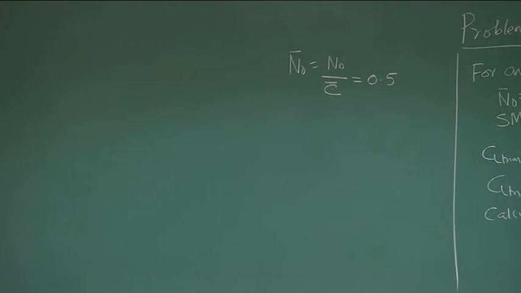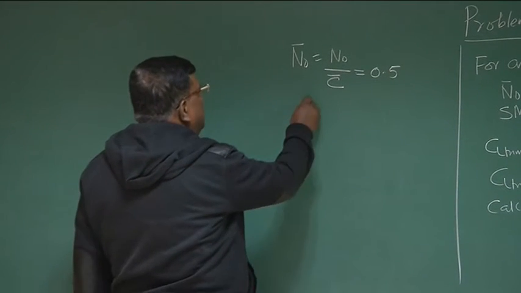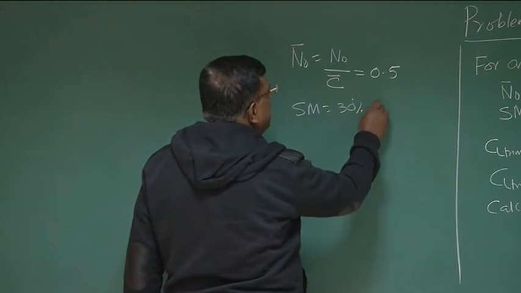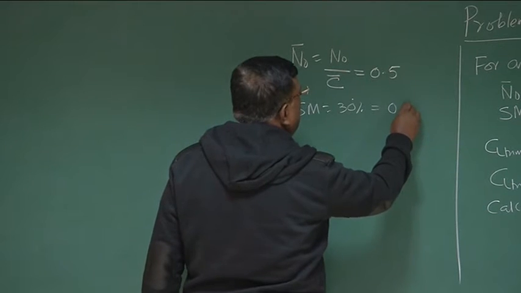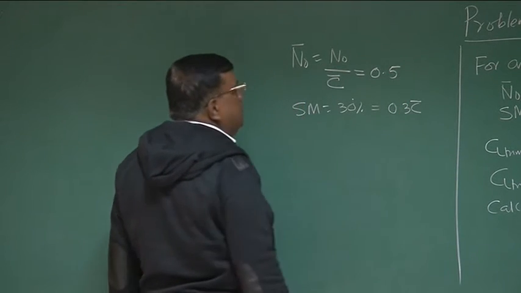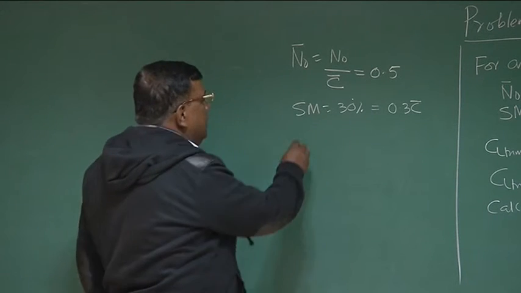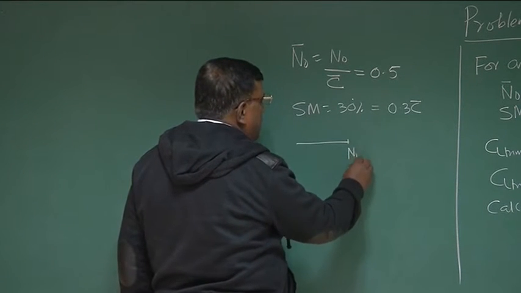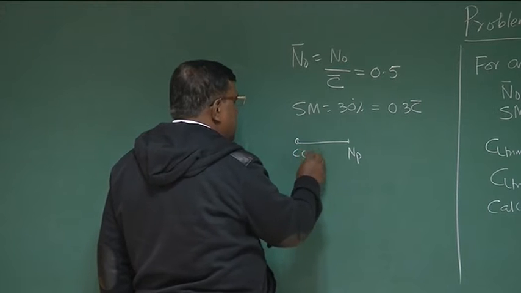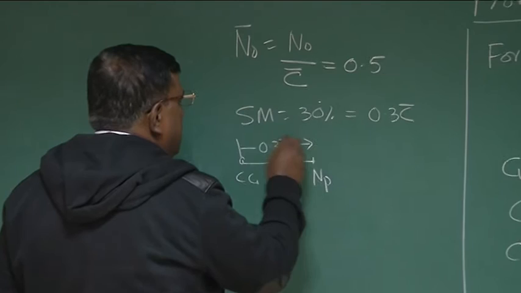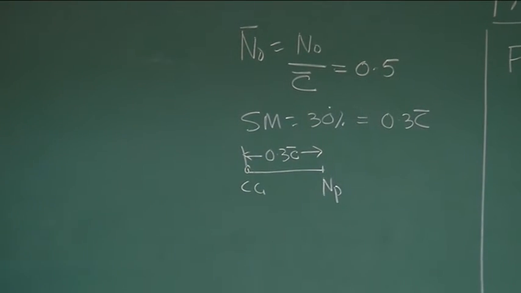Then the static margin is 0.3 or 30%. It means it is equal to 0.3 of the mean aerodynamic chord, the absolute value of the separation between the neutral point and the CG. This distance is 0.3 C in absolute sense. So that is the static margin.